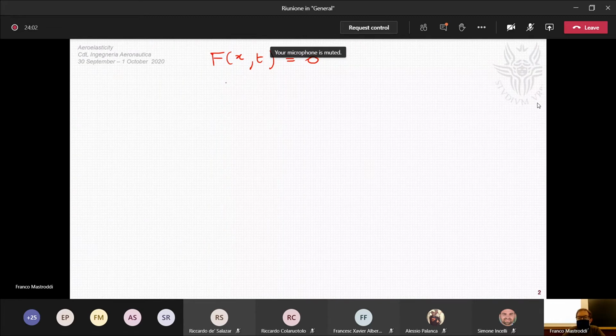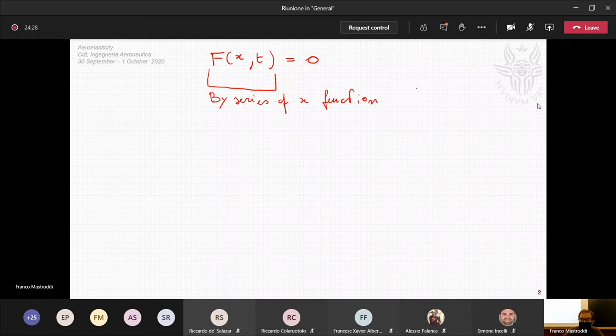So we have an equation to be solved like this, and we try to represent in space this equation. This equation is a function of x, a function of time. Instead of solving this, imagine to represent this by a series of x functions like phi n of x. We have many of these functions like this.